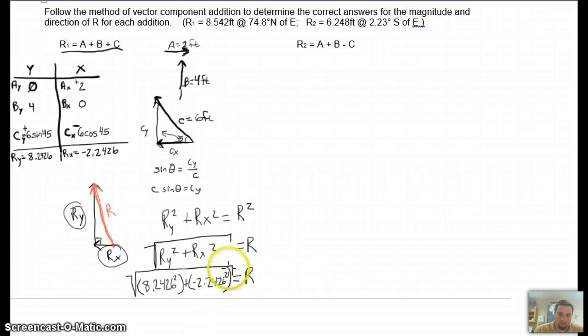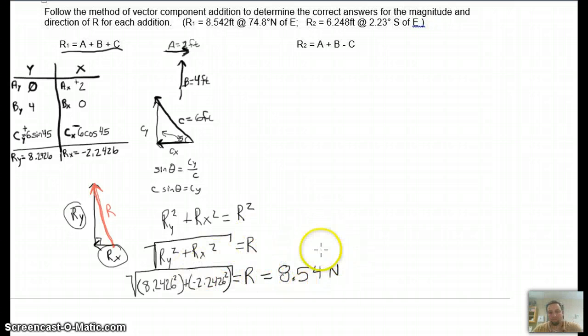This negative, you're squaring this negative, so this will end up being a positive number. Okay, you do the math here, and you should get 8.54 newtons.